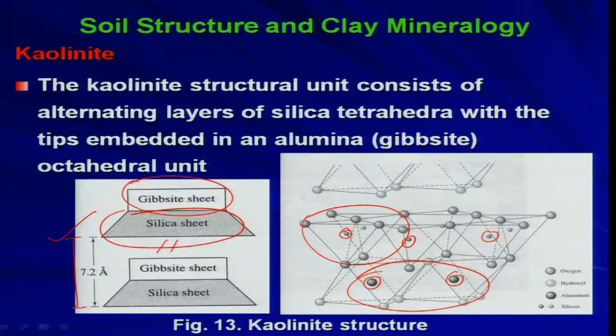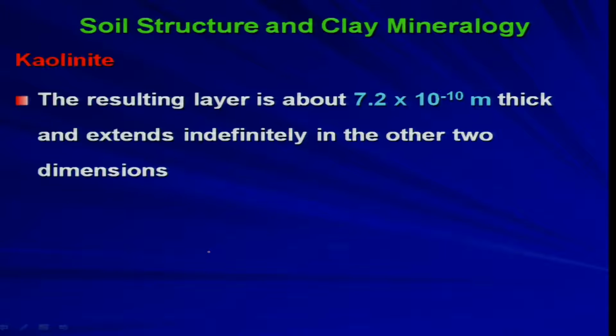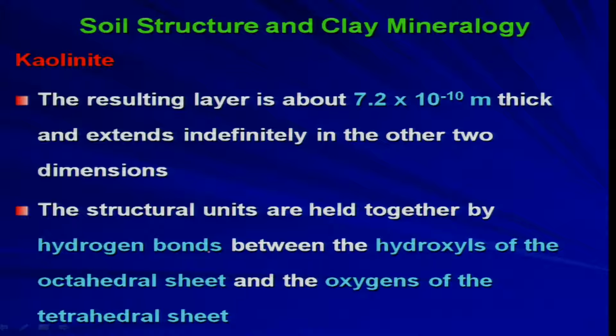Now the hydrogen bond is getting formed between the octahedral sheet and the silica sheet, and basically this hydrogen bond is getting formed with the hydroxyl of the octahedral sheet. As we know, in the octahedral sheet you have the hydroxyls at the corners, at the tips.